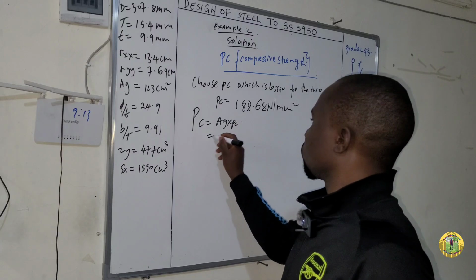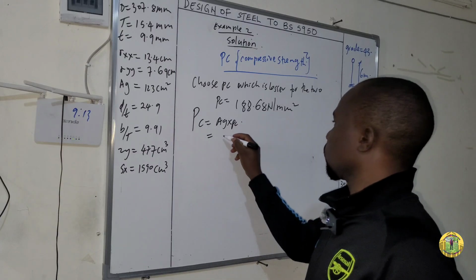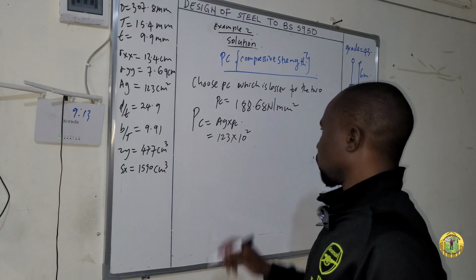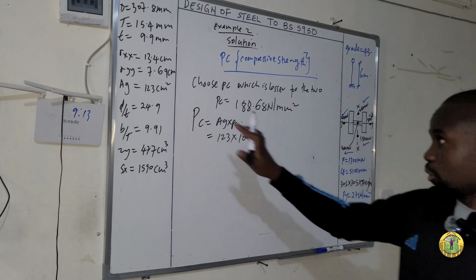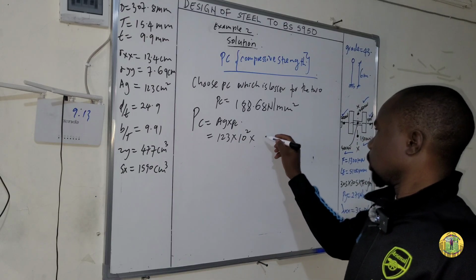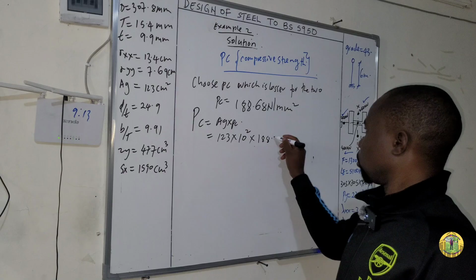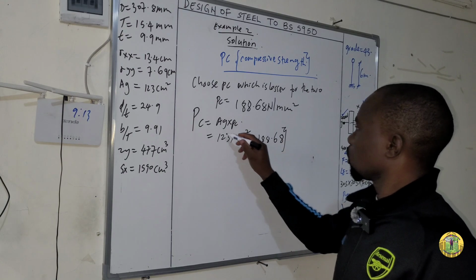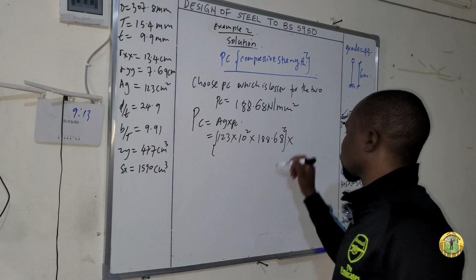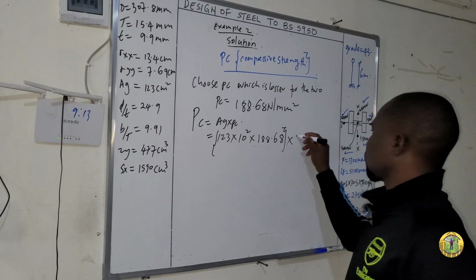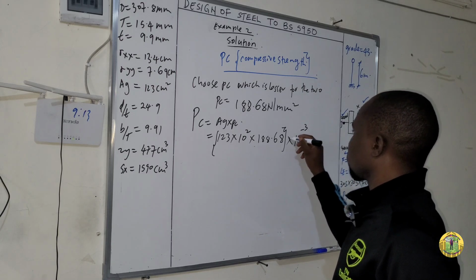So this one is equal to AG, which is 123 times 10 raised to the power 2, because we are changing from centimeter square to millimeter square, times PC, 188.68, times 10 to the power of negative 3.